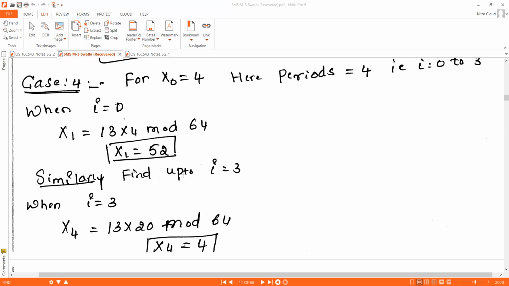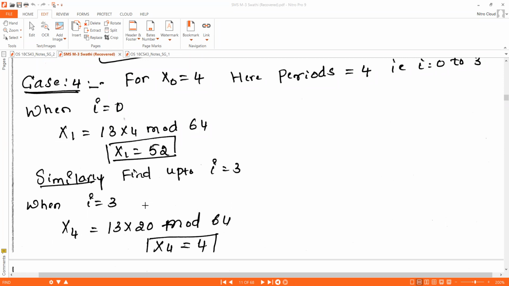Similarly we need to find it for i equal to 1, i equal to 2 and i equal to 3. Here I have calculated it for i equal to 3. When i equal to 3, x4 is equal to a into x3 mod m. The a value is given in the problem, that is 13, into the x3 value.